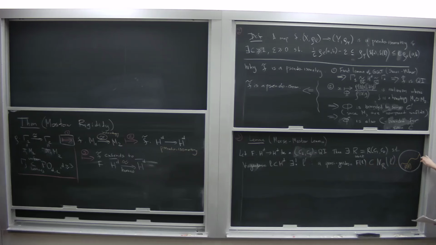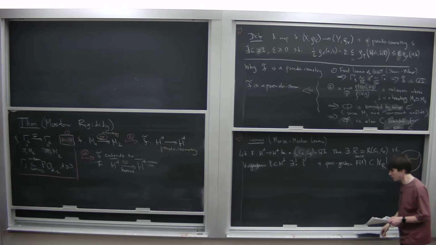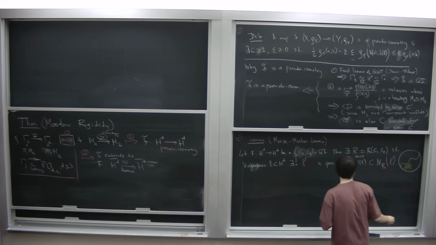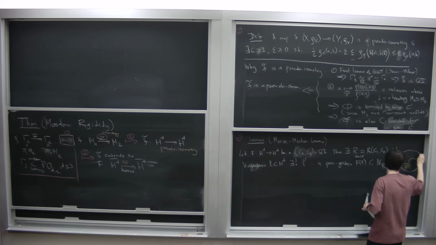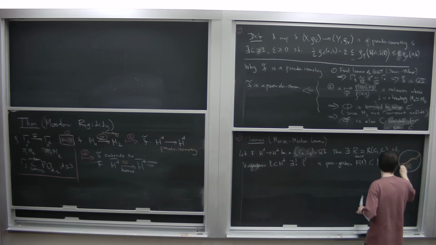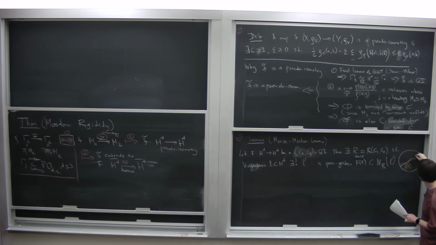So it's a geodesic curved somehow, but there exists a geodesic L prime, this is my geodesic L prime, such that it is contained in an R neighborhood.